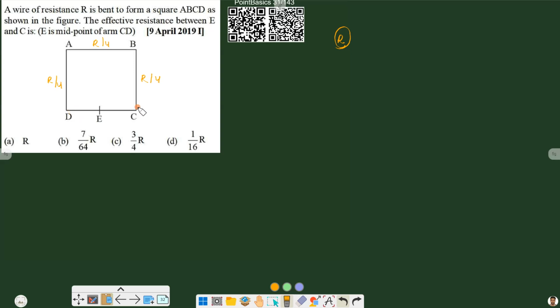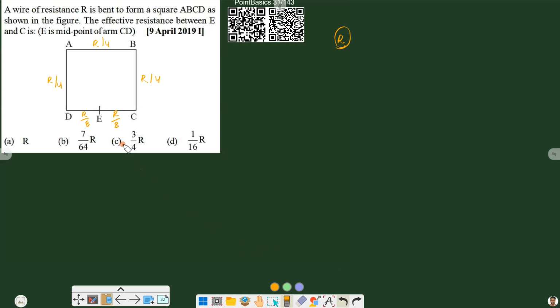Now this arm is divided into two parts, and as mentioned, E is the midpoint. So the resistance of these two will be equal and equal to half of the resistance of one arm. The resistance of one arm is R by 4, so the resistance for DE will be R by 8 and EC will be R by 8.